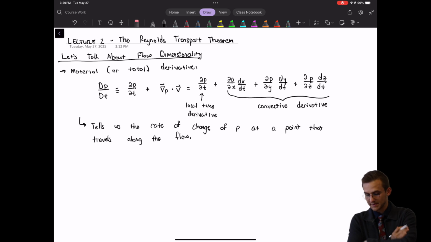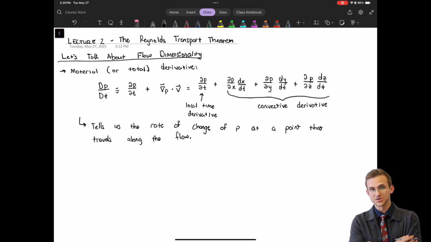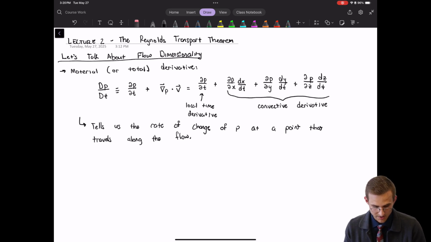Okay, so let's think about this for a second. So imagine the flow is not moving. The pressure can still change as a function of time. Say if you're heating up the fluid and it's quiescent fluid, right? So in that case, you just have a local time derivative. But if the flow is moving and you have a particle that's traveling along with the flow, it might move from a region of high pressure to low pressure, even though the overall pressure field in the fluid is not changing with time. So let me show you what I mean by that.